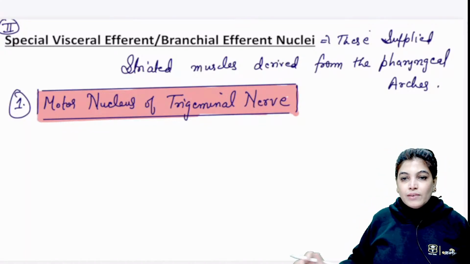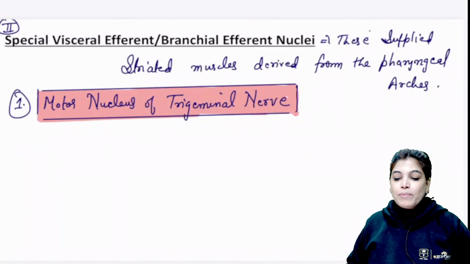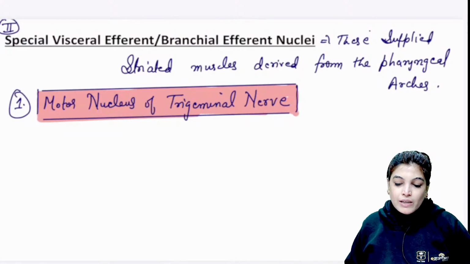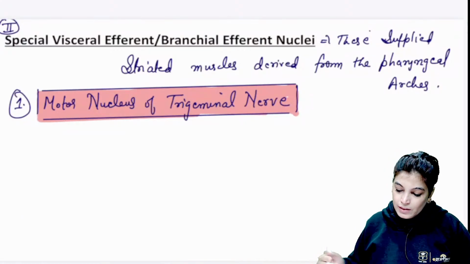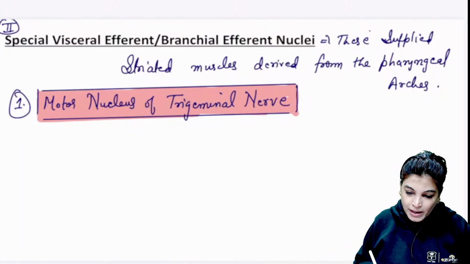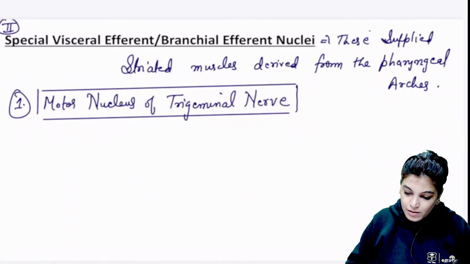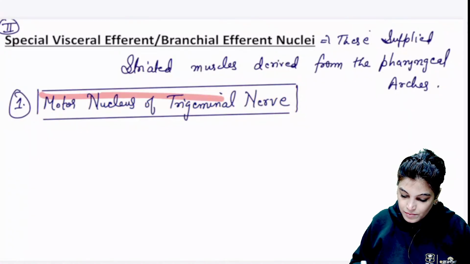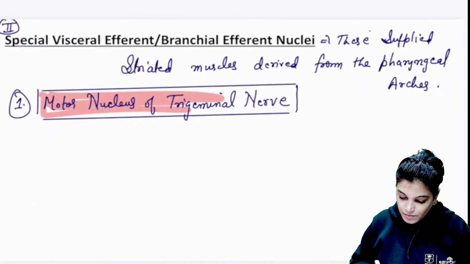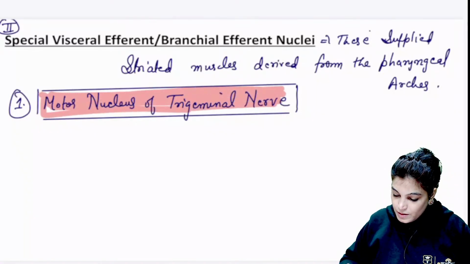It lies at the level of the upper part of the pons and supplies the muscles of mastication through the mandibular nerve. Please write down the detail.